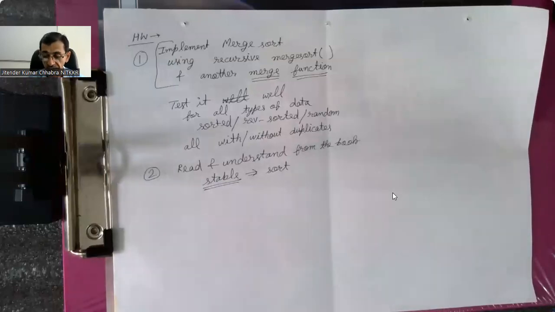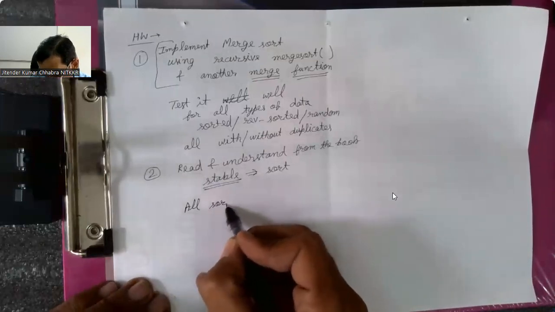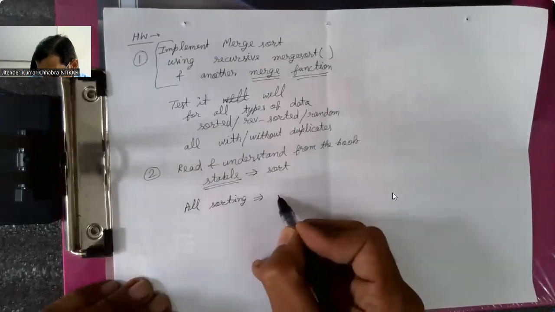They will show you some data and then ask you to explain how this will actually work internally, how recursion will internally go and reach the lowest steps. So internally, actually, all sorting is happening via merging only. And that merging is actually doing everything.